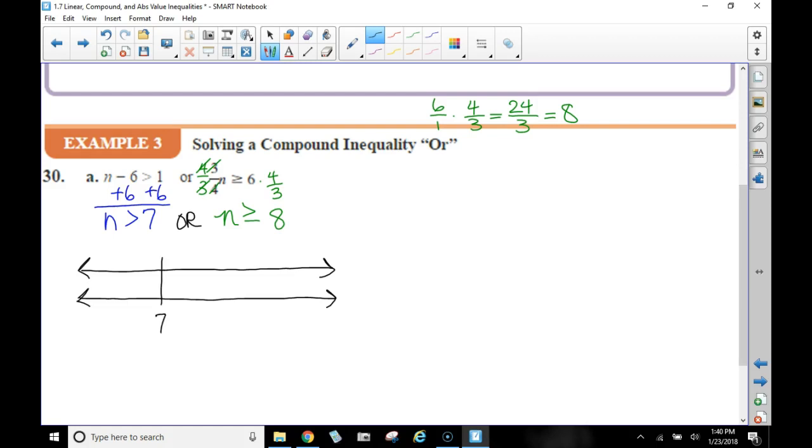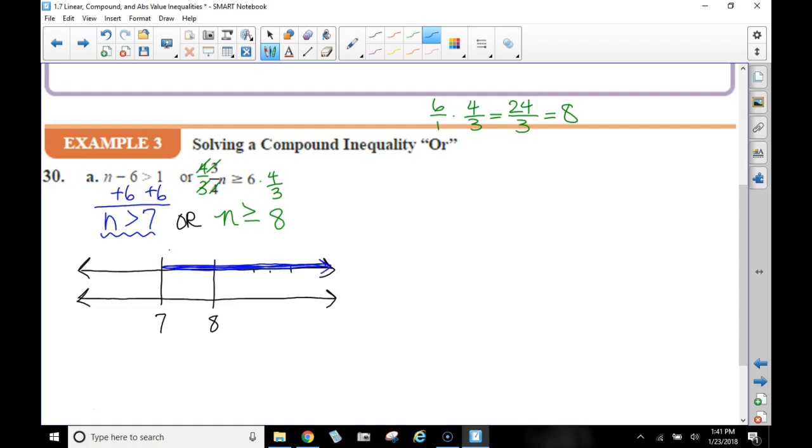So 7 is smaller than 8, and then over here we'd have 9, 10, 11, so forth. Okay, on the top number line, I'm going to graph n is greater than 7. The values of n that are greater than 7 are the ones that are bigger than 7. They lie to the right of 7.